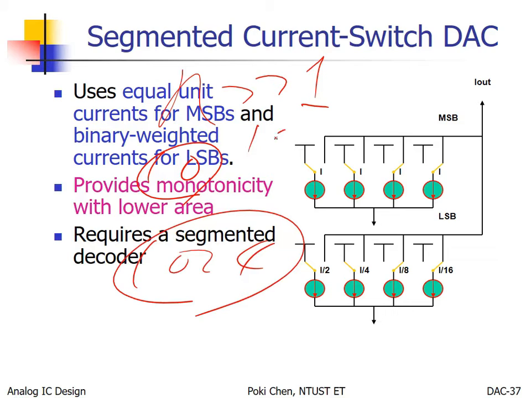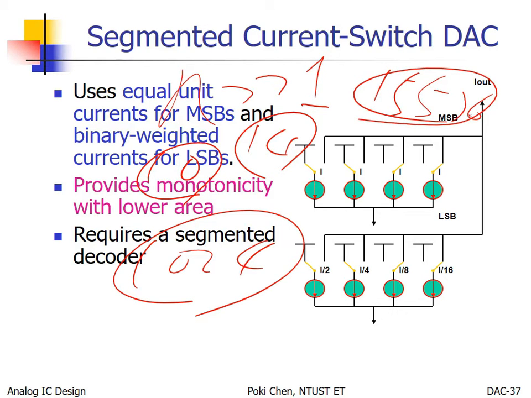If it is 14, oh, wow, more than 15,000 or 16,000, I forget. Anyway, that is a huge number. Even for 10 bits, you have around 1,000 current sources.